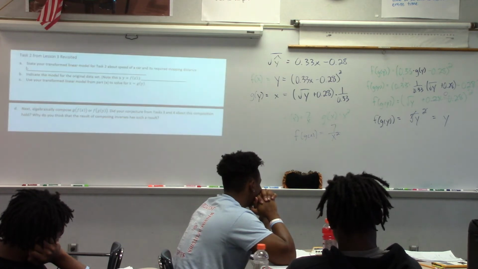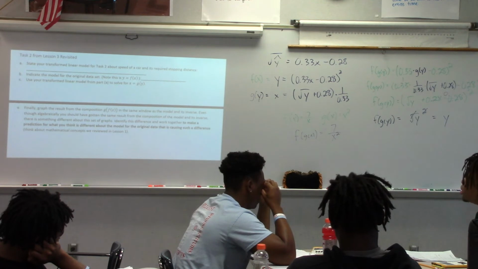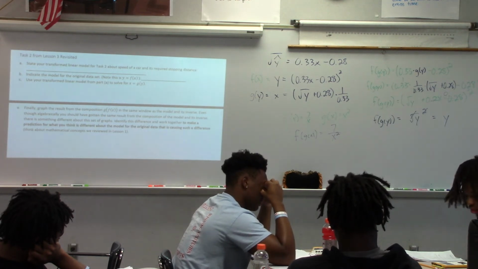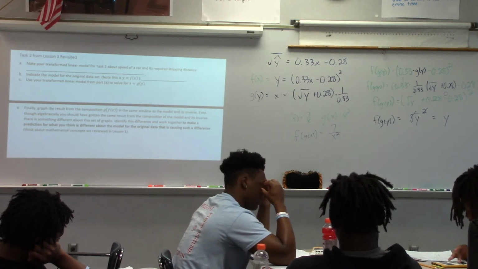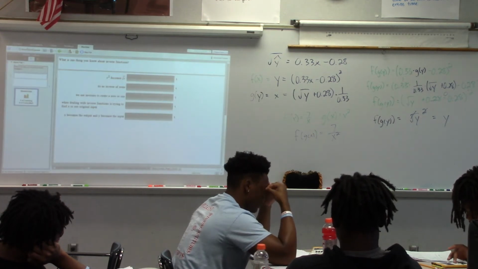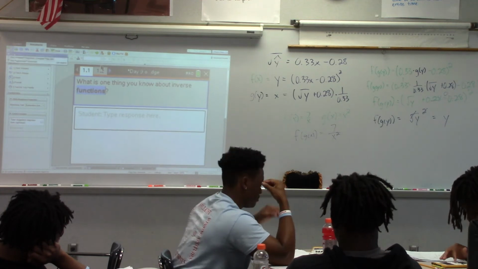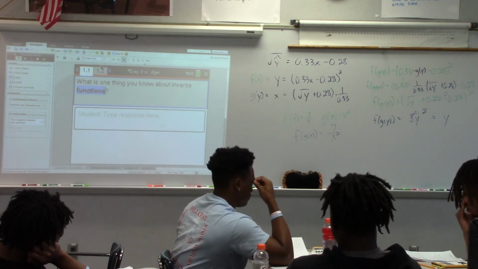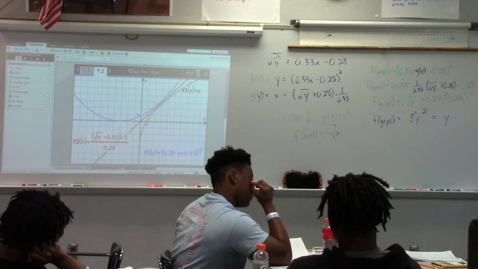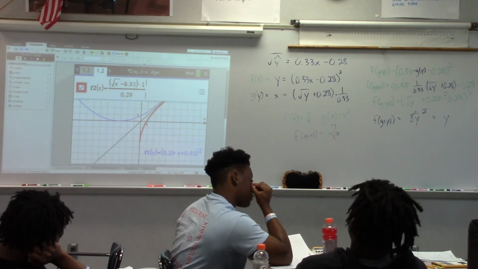So here when you look at E, graph the result from the composition of g of f of x in the same window as the model and its inverse. We briefly touched on this in a previous class.